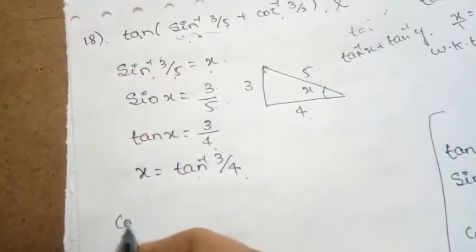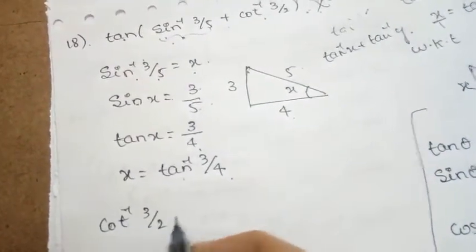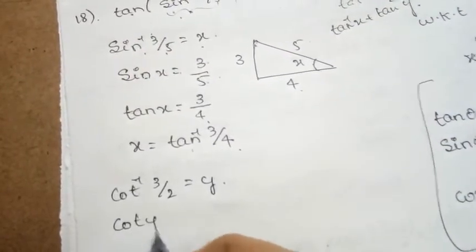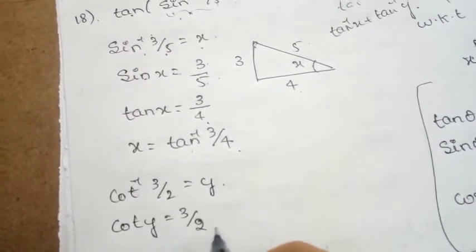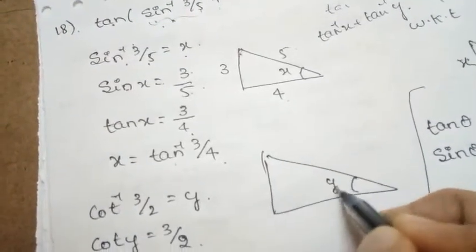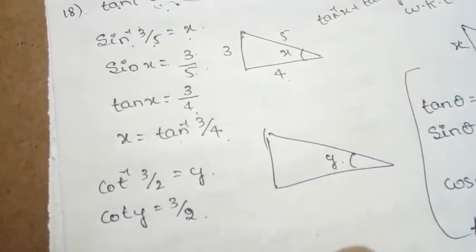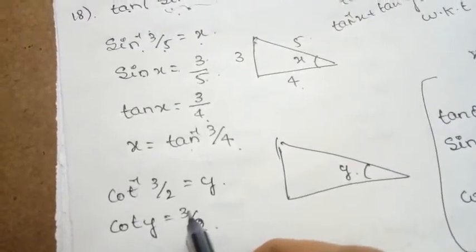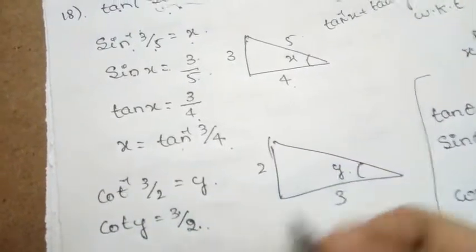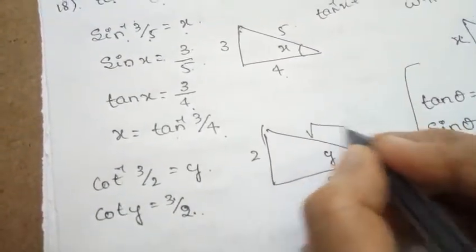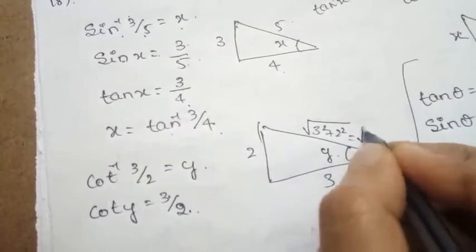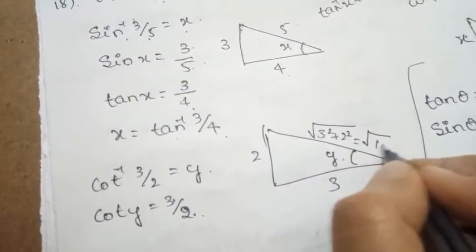Similarly for cot inverse of 3 by 2, if I take that equal to y, then cot y is equal to 3 by 2. Considering a right angled triangle with angle y, the adjacent side is 3 and the opposite side is 2, so the hypotenuse is square root of 3 square plus 2 square, which is square root of 13.